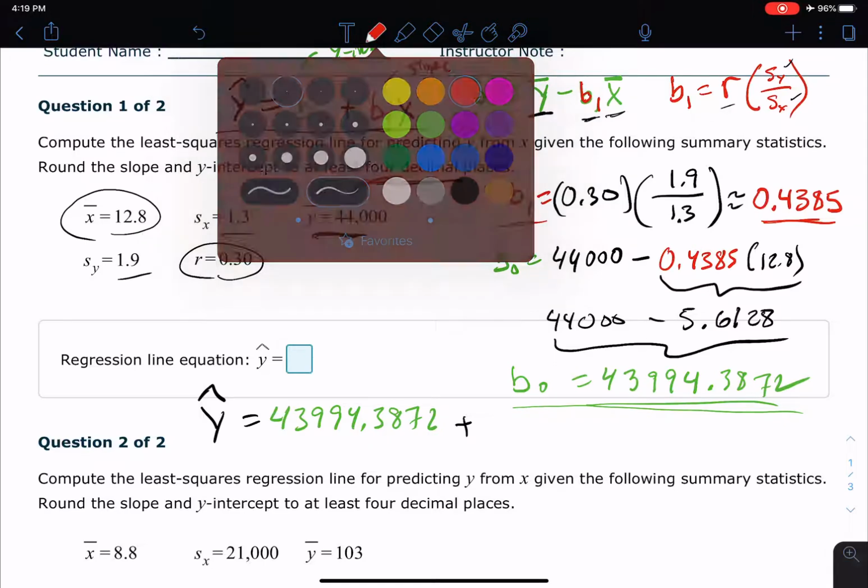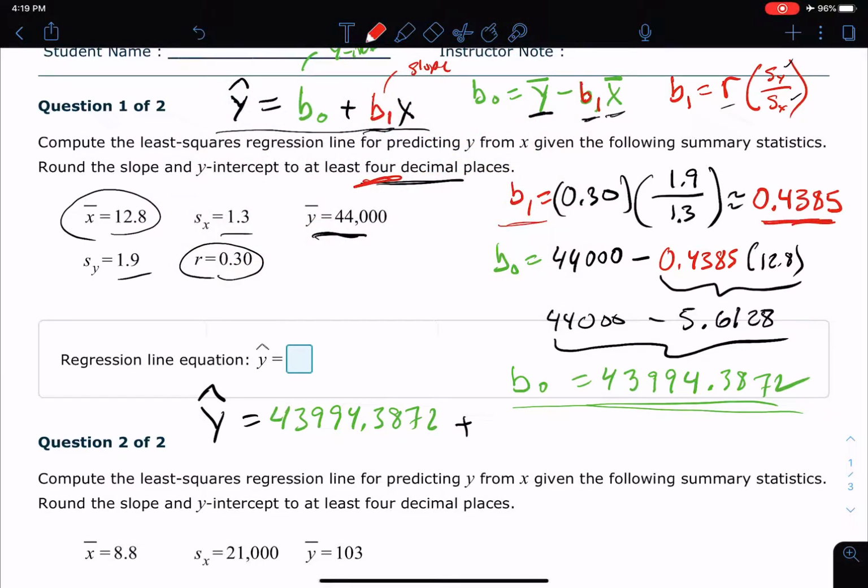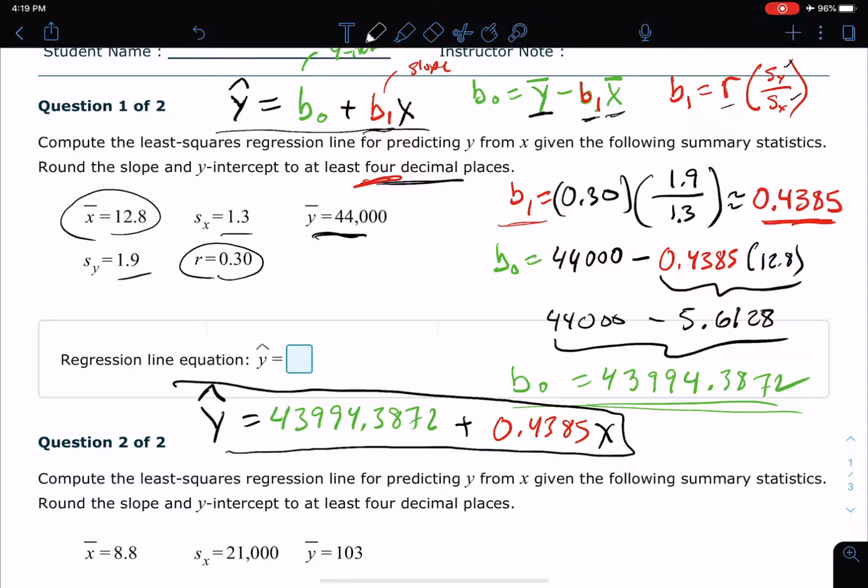We figured out b sub 1 way at the beginning at 0.4385. And that b sub 1 is multiplied by x. So b sub 1 is the slope. And there's the equation for the least squares regression line.